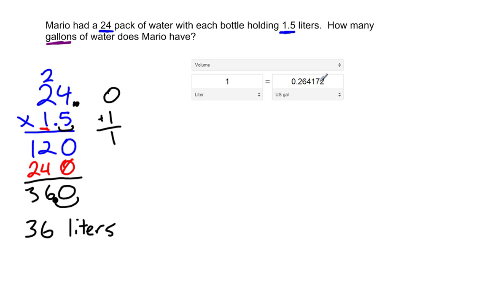Let's say 4 or 3, just because after that, it's not going to change your answer by a whole lot, because I think it said round to the nearest gallon. And 4 decimal places is not going to really change the total gallons, at least not when there's only 36 of them.